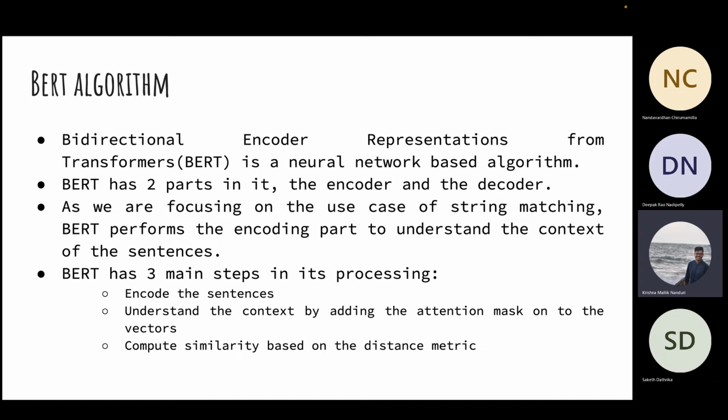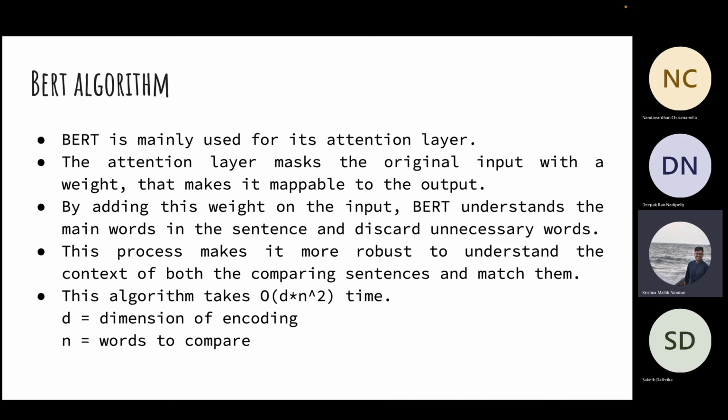As I am stressing attention, the main layer in BERT is the attention layer, which adds weight to the encoded words. Those words are then mapped to the output, and as the weight increases, the context and importance of those words increase.